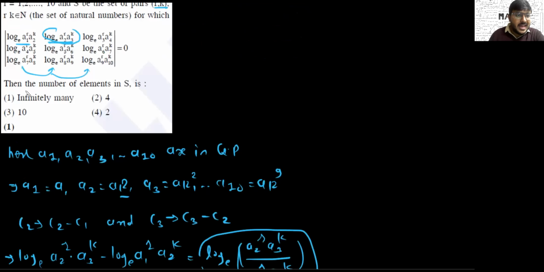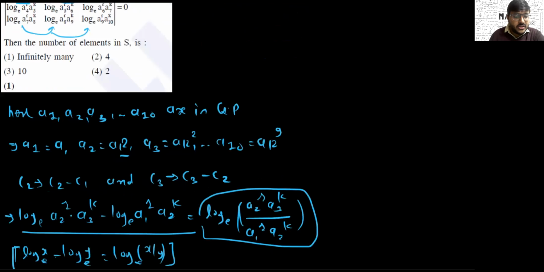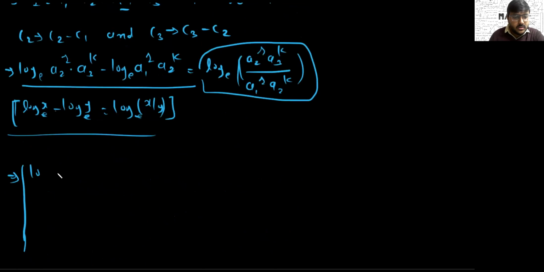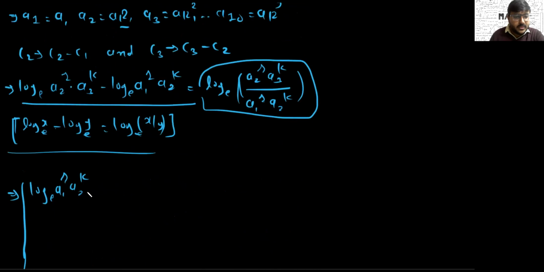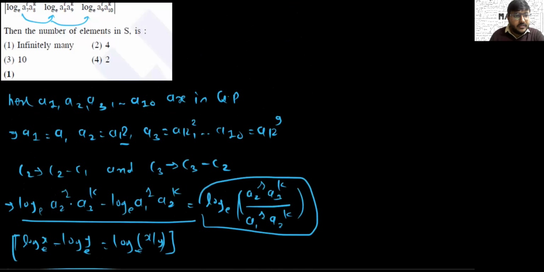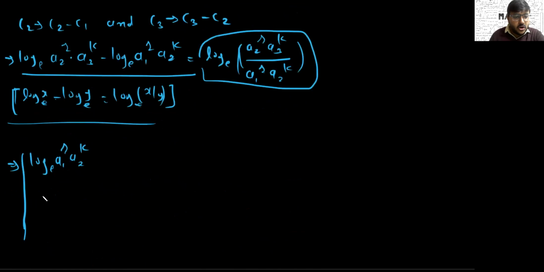The first column will remain as it is: log base e of A1 raised to r, A2 raised to k; then log base e of A4 raised to r, A5 raised to k; and log base e of A7 raised to r, A8 raised to k.